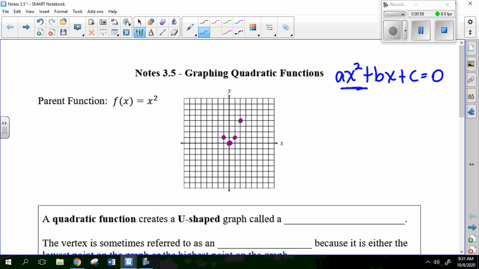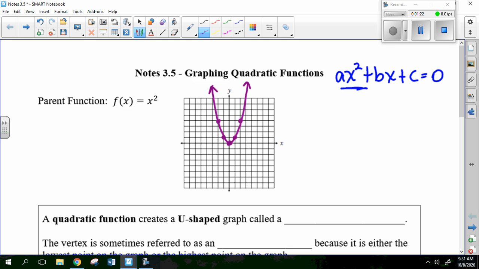If I plug in -2, I get +4. So everywhere I pick a positive value and square it, I get the same y value as when I square the negative. That's what makes it this U shape, and that's what makes it symmetric. For every point I can put on the right side of the U, I can put another point on the left side that has the same y value.